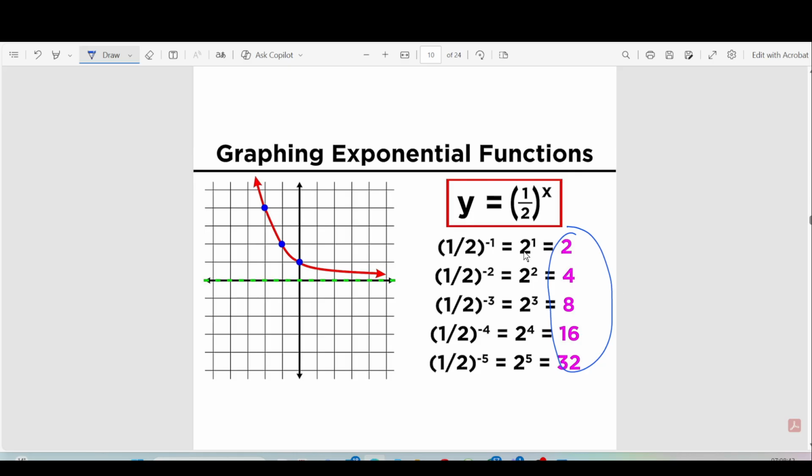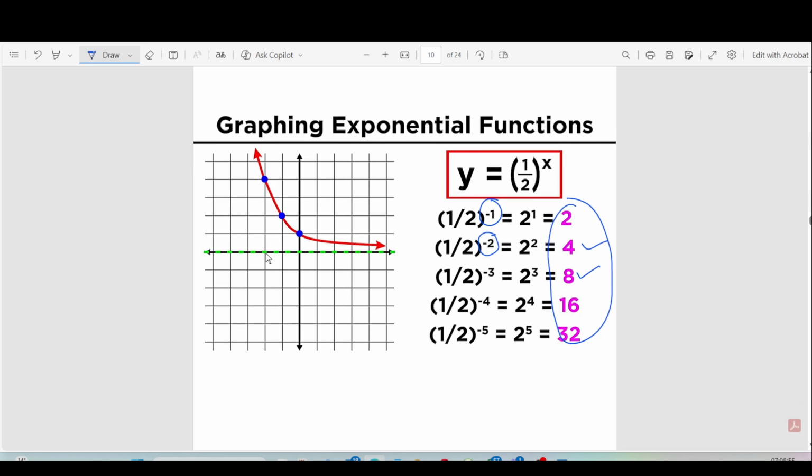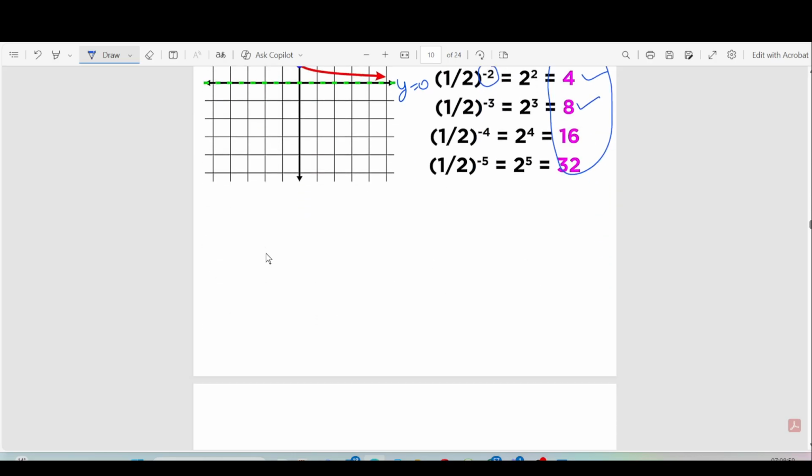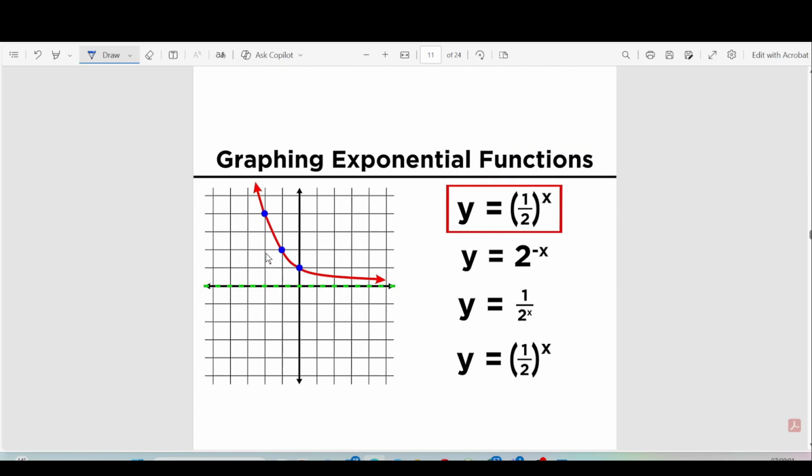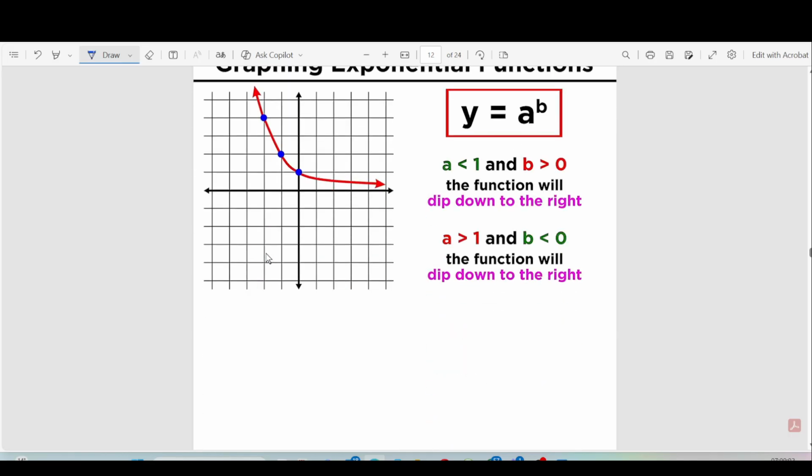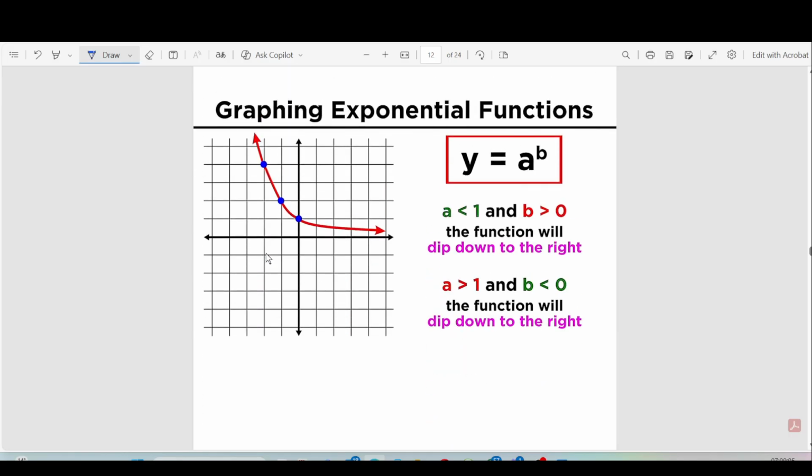When the exponents are negative, for negative 1 you get 2, for negative 2 you get 4, for negative 3 you get 8. So again, the horizontal asymptote is y equals 0, right? Even if the exponent is negative, it doesn't matter.